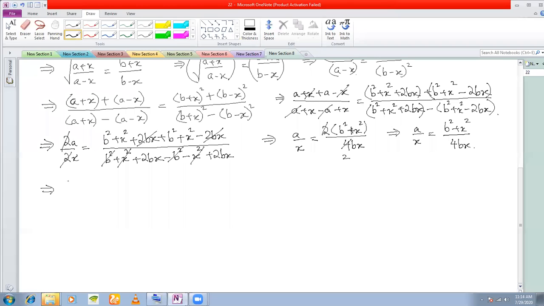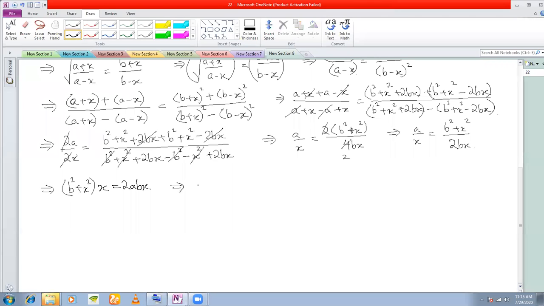Right? Now I cross multiply. I get b square plus x square. It will be 2bx. So x into b square plus x square is equal to twice abx.